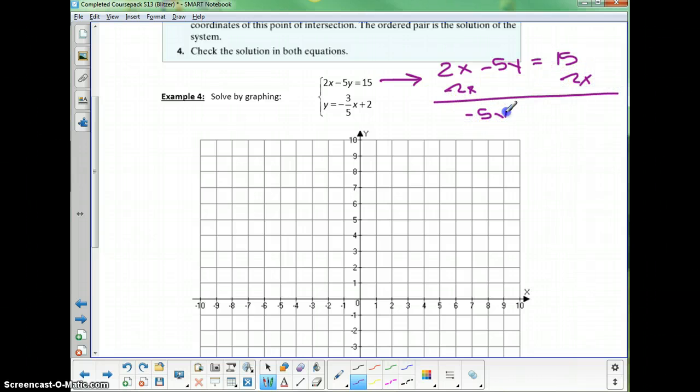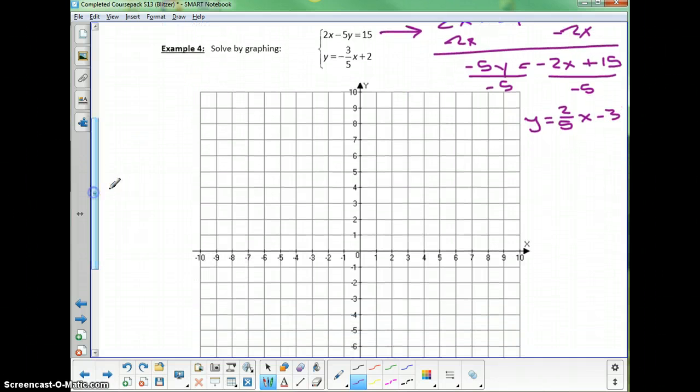That would give me negative 5y equals negative 2x plus 15. And then divide everything by negative 5. So that gives me y equals negative 2 divided by negative 5 is going to be positive 2/5 x. 15 divided by negative 5 is going to be negative 3.